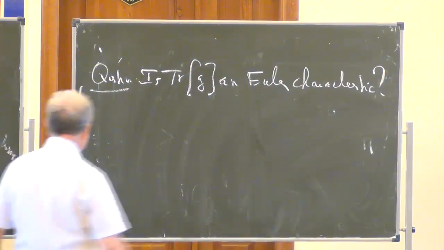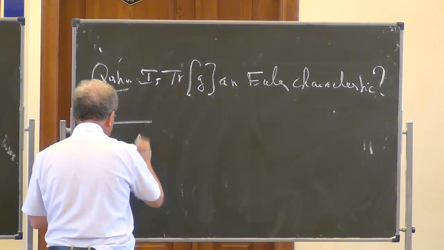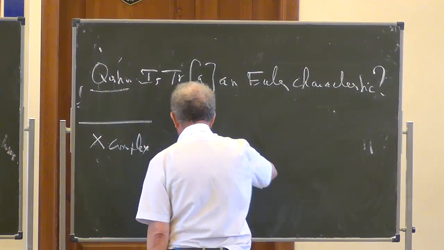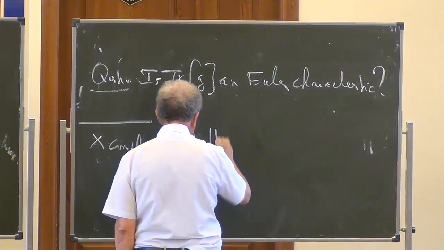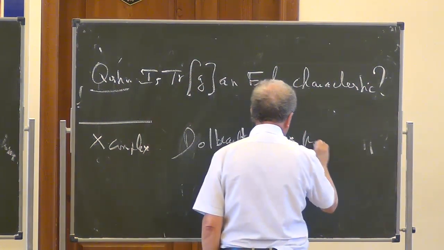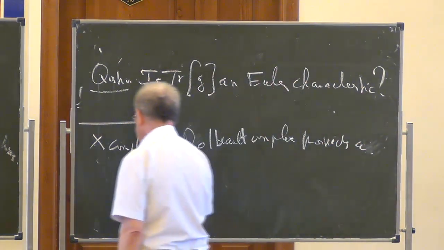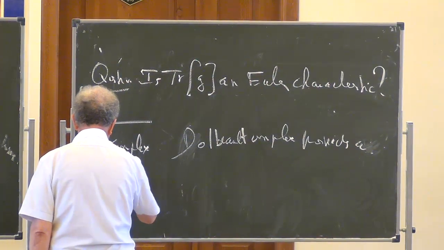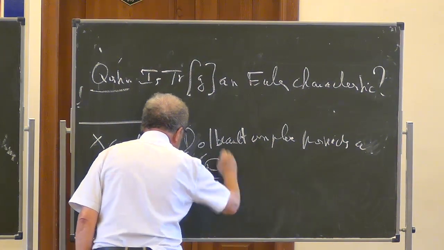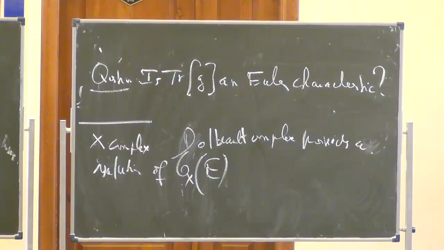So let me go back to the case where X was complex. What we had from the Dolbeault complex provides you with a resolution, in the sense of homological algebra, of the sheaf O_X(E) when I have a holomorphic vector bundle E. I'm not going to repeat the assumptions.